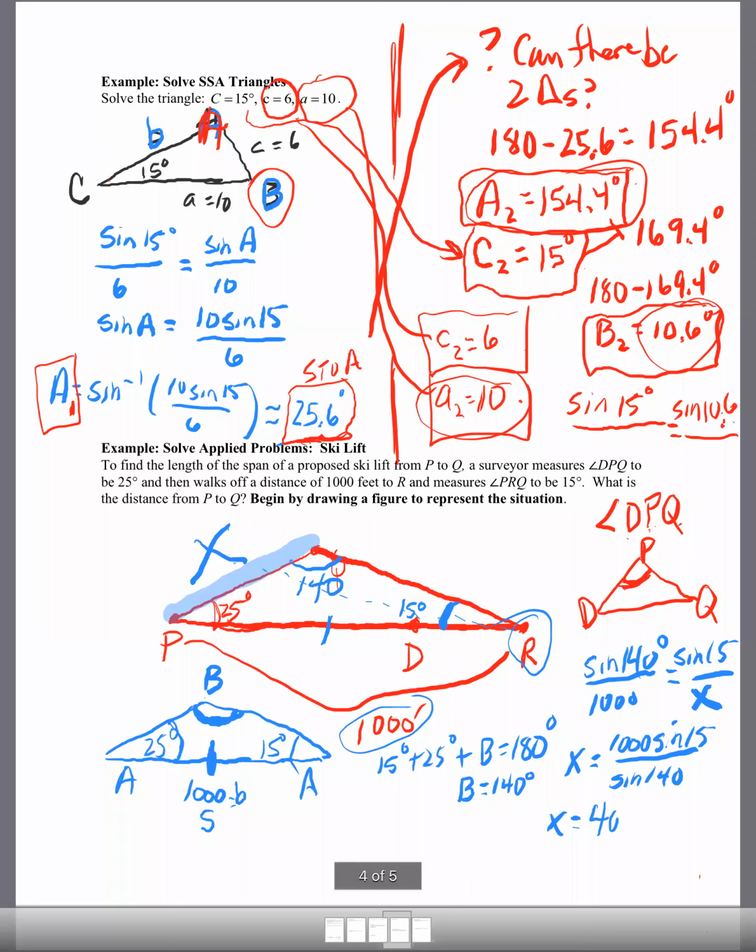You'll find that that side is 402.6509. So we'll do 402.65. This was measured off in feet. So the distance between P and Q on this drawing is actually 402.65 feet. And that is our answer to this problem here.